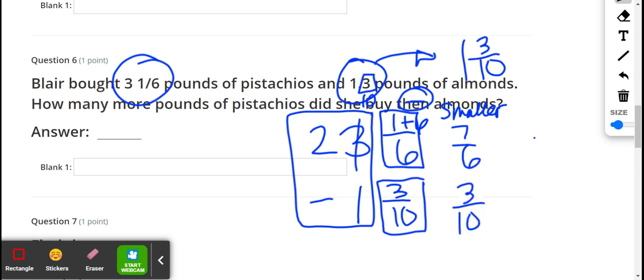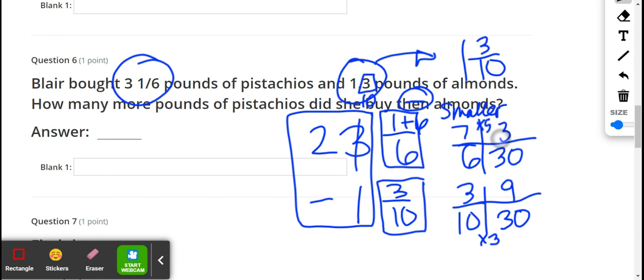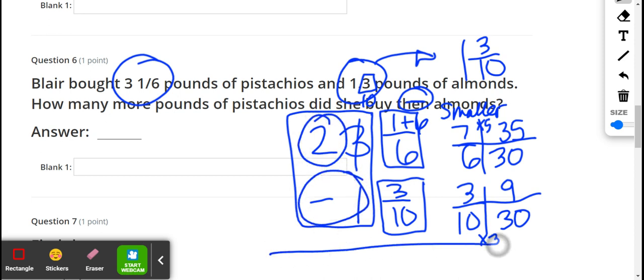And we have 3/10. Now we're going to look at where would 6 and 10 meet up. And I believe they would meet up at 30. So times 3 times 3. And then this would be times 5 times 5. So you have 2 minus 1 is going to give us 1.